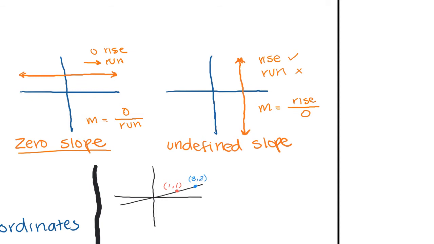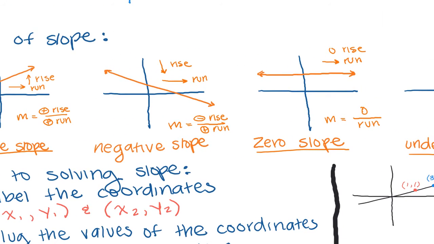And if you recall from your math classes, we cannot have this. This gives us an undefined number, right? So whenever we have zero in our denominator of a fraction, that does not work. Okay, that gives us an undefined slope. Go ahead and just underline that.